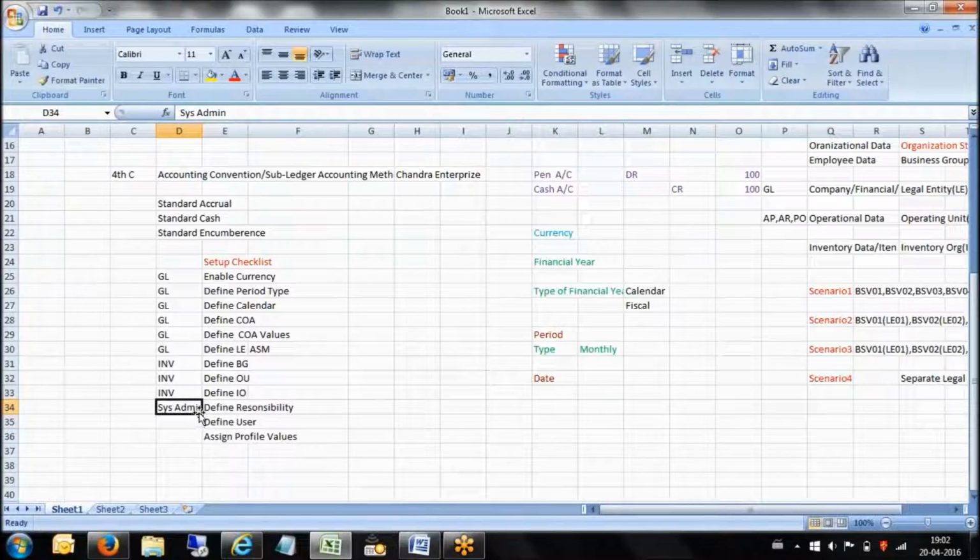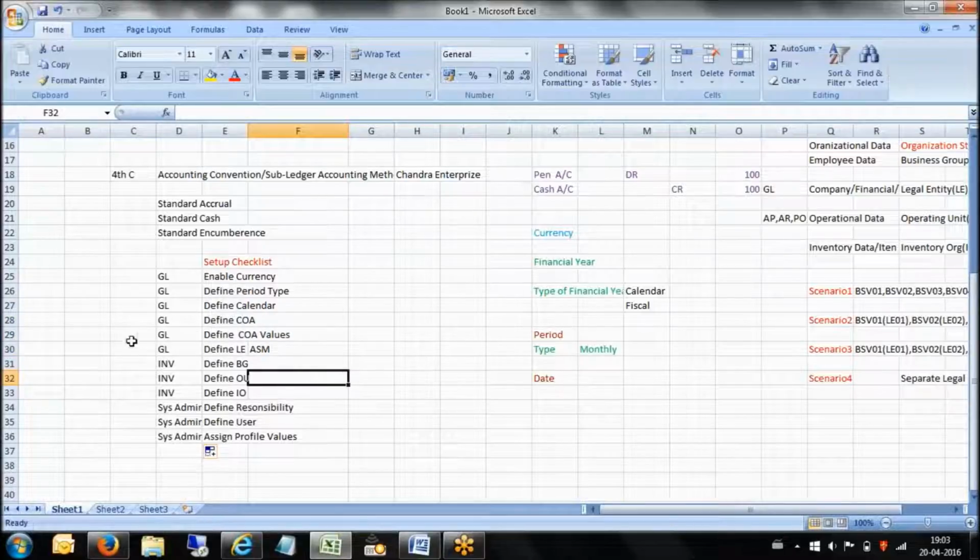And till this point, this is the basic configuration. This is independent. You can define it, write it down anywhere. It has no dependency on these setups actually.